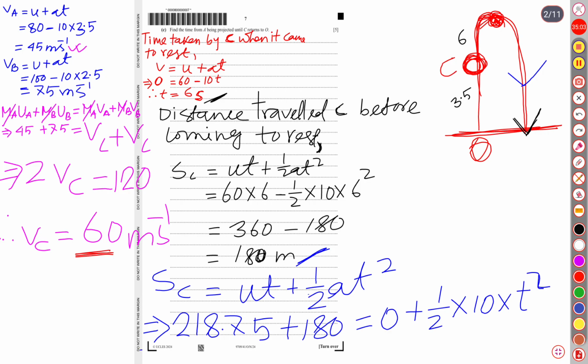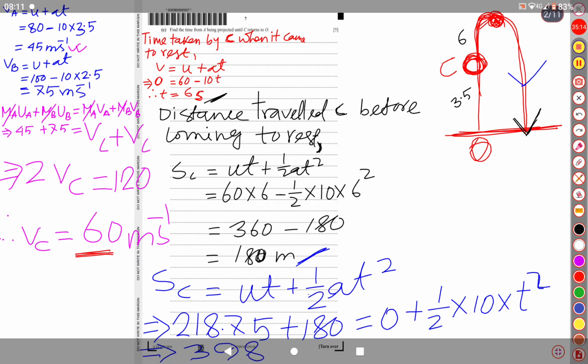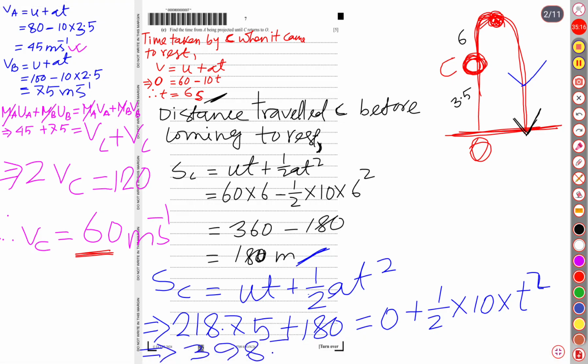So total on the left side, it is going to be 218.75 plus 180, so 398.75, equal to 5t squared.